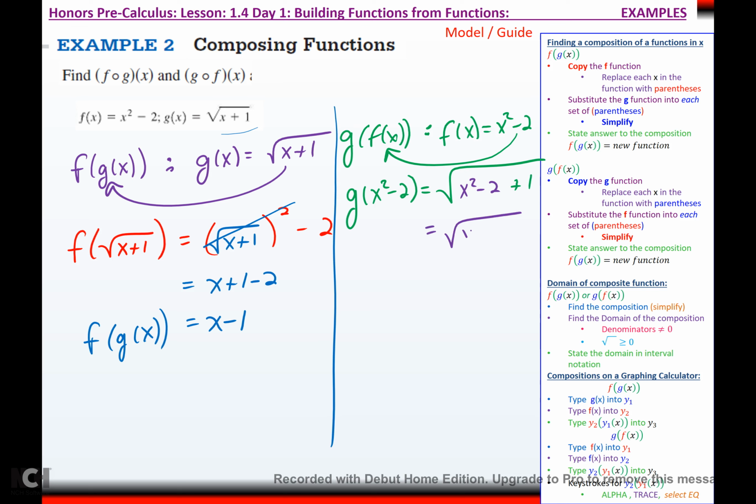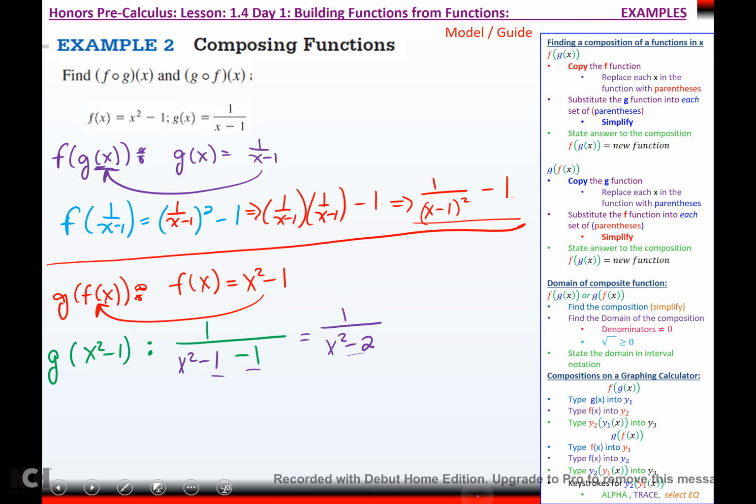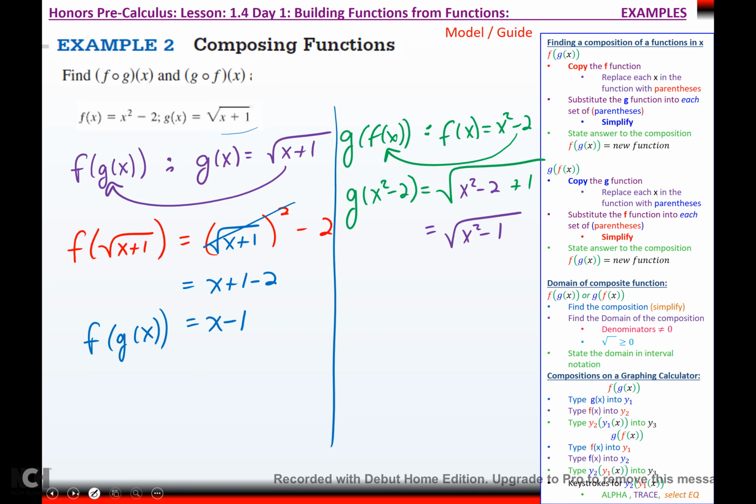That gives me the square root of x squared minus 1. And no, you can't do the square root of each of those and get x minus 1. That doesn't work. Alright, so that's as far as I can do. So g of f of x equals the square root of x squared minus 1. And then you'd have to do your domain restrictions.